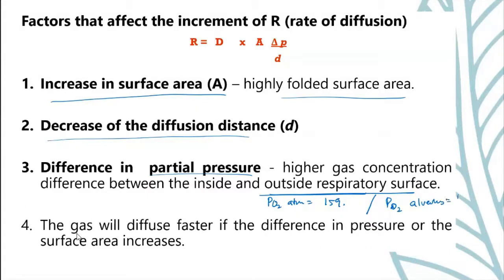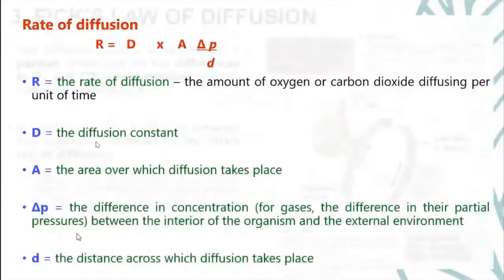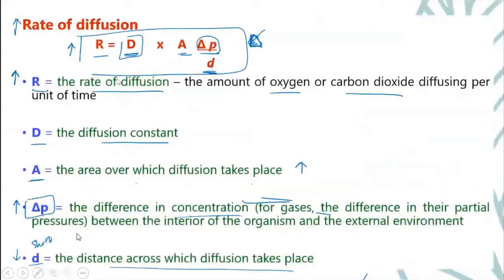Okay, it is 105, compared to the partial pressure of oxygen in the blood capillaries, which is 100, compared to the partial pressure of oxygen in your body tissues, which is 40. Okay, 40. So nampak tak dia punya perbezaan dari segi partial pressure of oxygen.